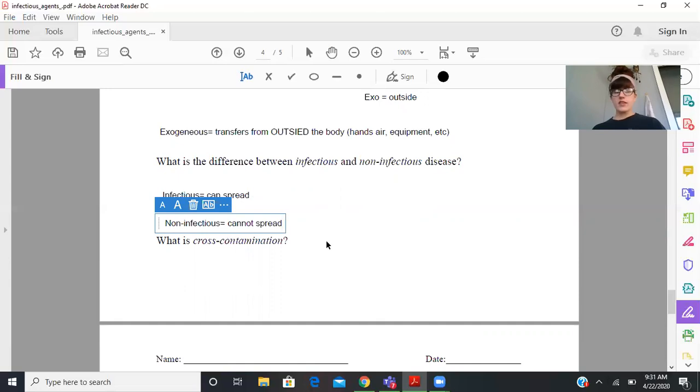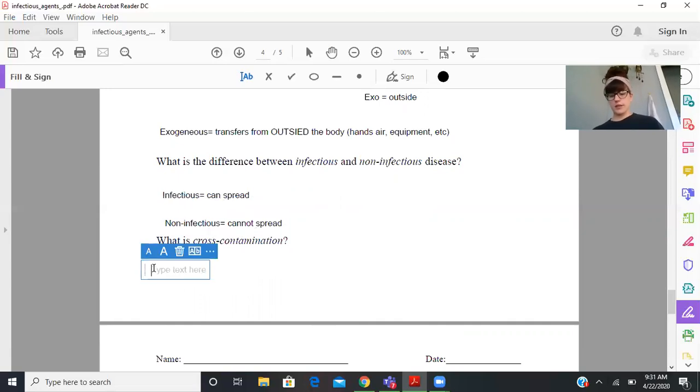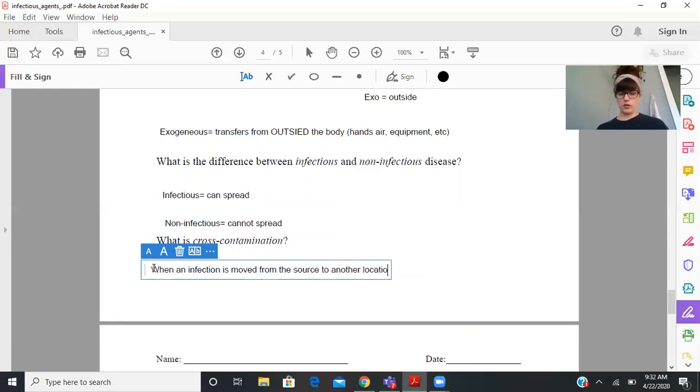And then cross-contamination. We know the word contamination means to be altered, so if I contaminated a recipe, it means I altered it or made an error. Cross-contamination means like across lines. So cross-contamination is when an infection is moved from the source to another location, and then another person.